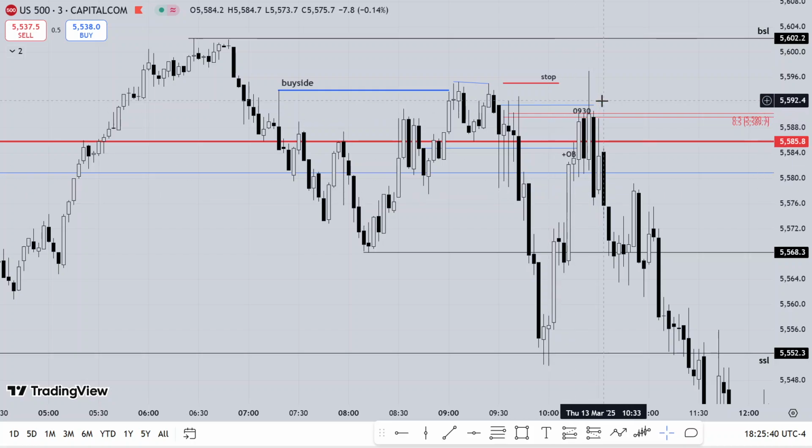Does that make sense? Compared to the US, they will all trade lower, but the US will be lethargic and unwilling to go lower as compared to the S&P, which is this US 500.